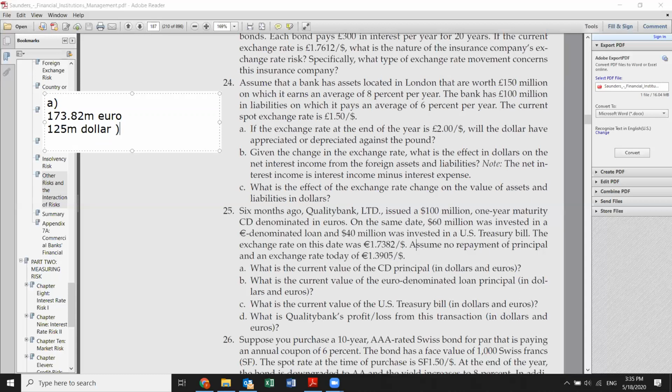How did I come up with it? We issued the certificate of deposit at this rate, and then we are converting back to dollars, so look at how the value has appreciated. So we're getting back to dollars, and we're dividing by 1.3905.